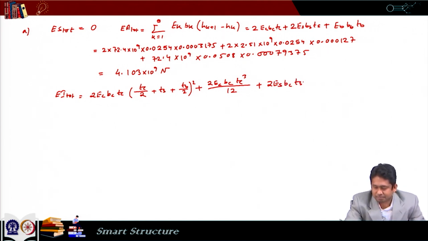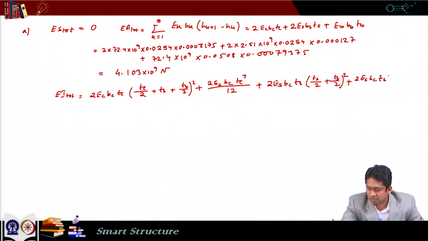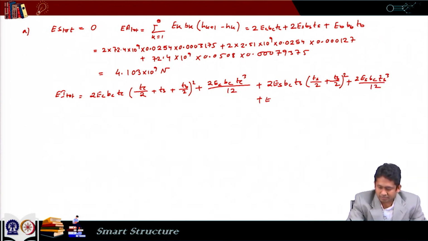Now, please understand that the bond is connecting the beam and the piezo patch. So, the width of the bond and the width of the beam is same. So, that is why it is BC plus, then we do it for the beam.